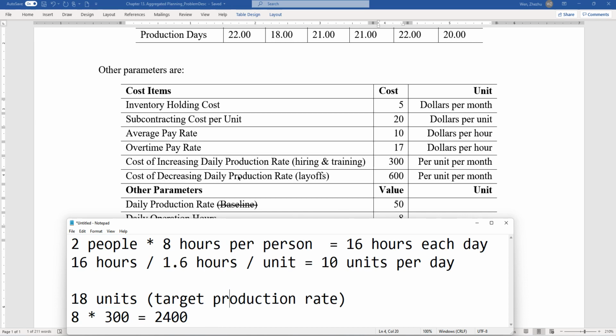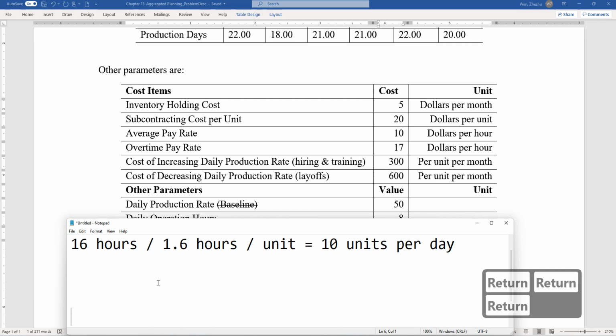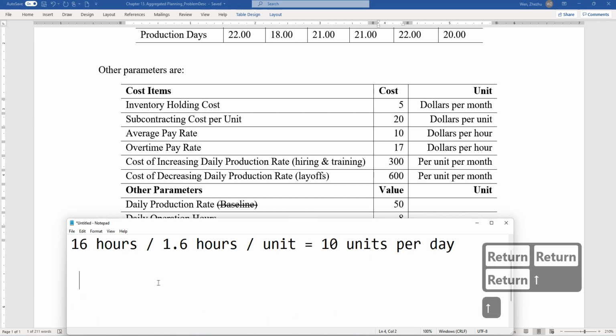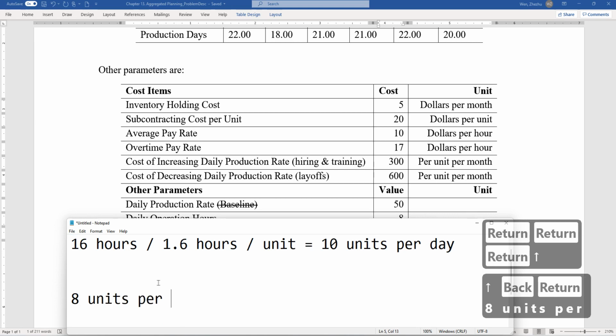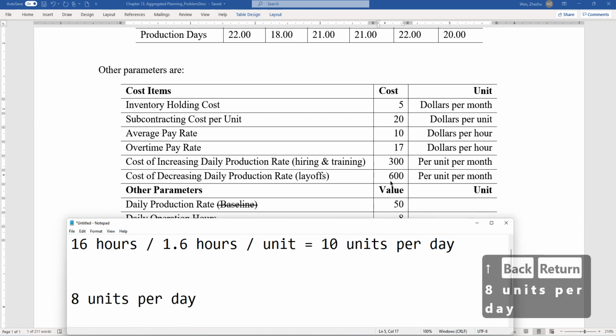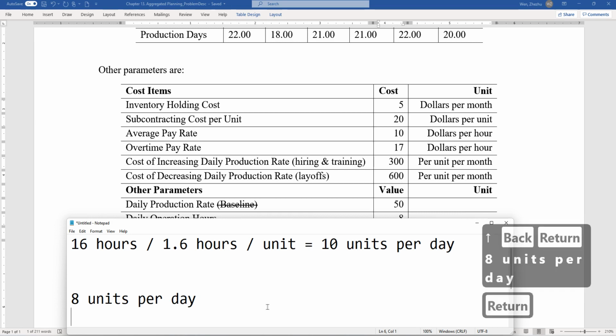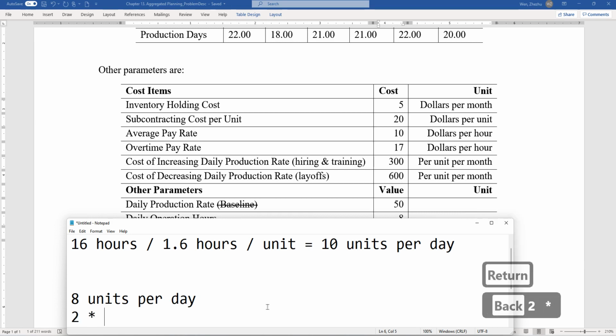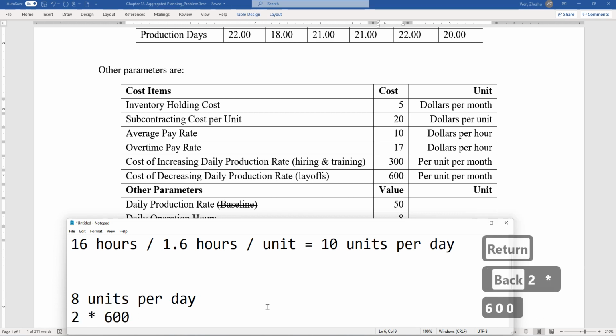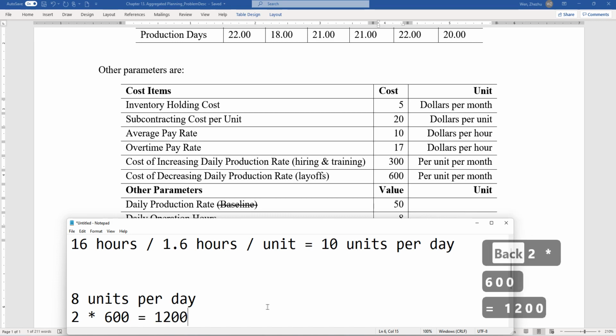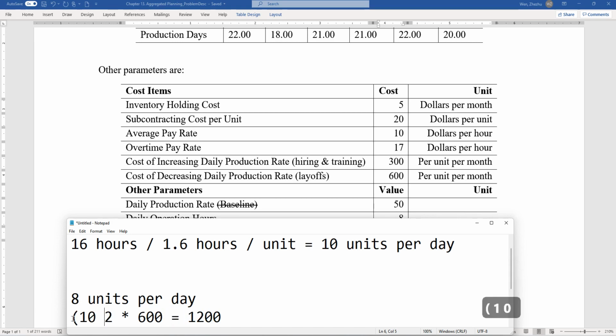And so is the cost of decreasing daily production rate. That means when you're trying to reduce this number, baseline is 10. If you say you'd like to reduce it to 8 units per day, basically it's telling you doing so you are spending 2 times 600, which is 1200 per month, in order to reduce your production rate from 10 to 8, which is a decline of 2.